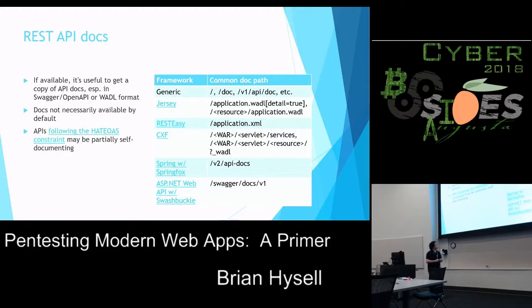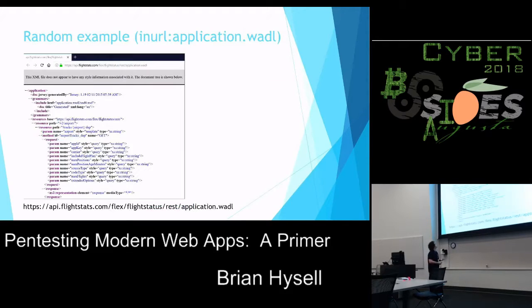But a lot of different REST frameworks actually auto-generate it. So you can first just try typical paths where you might see it. And then depending on the framework, there might be other places. It's not necessarily default, but for example, for Jersey, I see this application.wadl a lot.